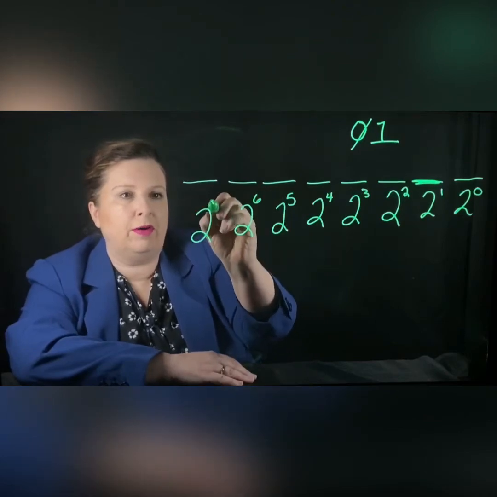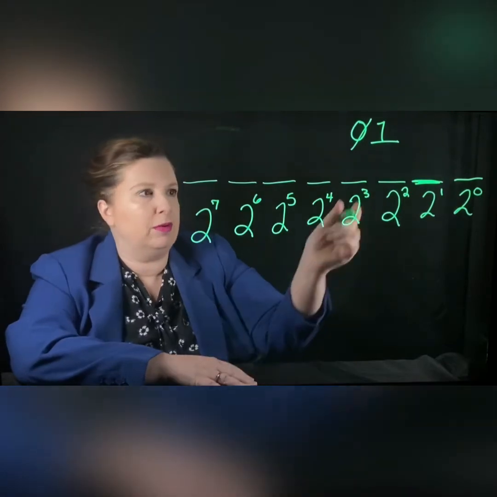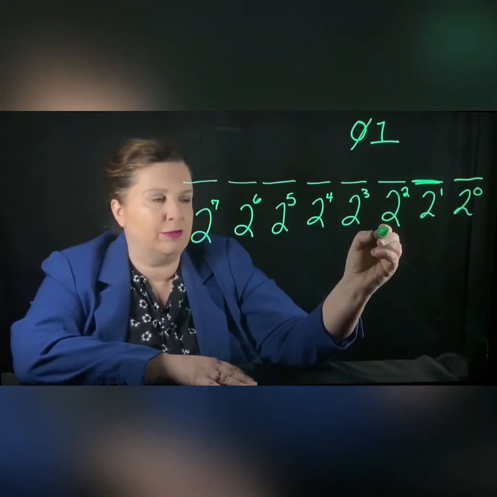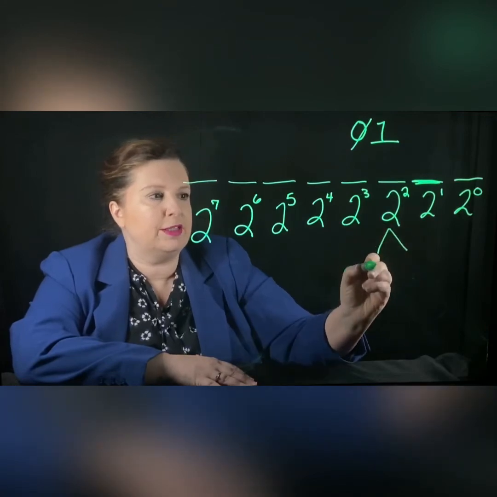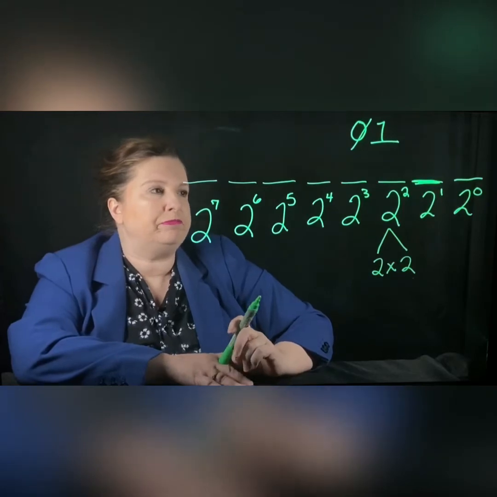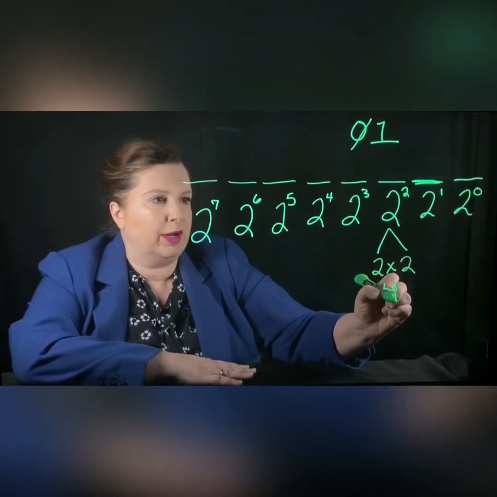And 2 to the power of 7. And when you're thinking about powers of 2, all we're talking about is, let's take 2 to the power of 2, for example. This is 2 times 2. So you end up with a place value of 4 here.